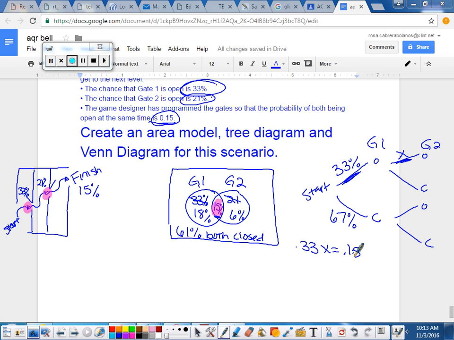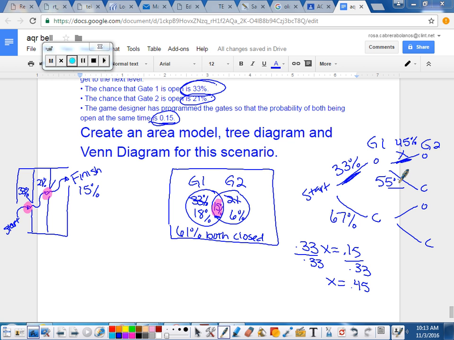How do I get rid of that 0.33? Good, so we're going to divide by 0.33. What's 0.15 divided by 0.33? 0.45. What is 0.45 as a percent? 45%. Good, so this is 45%. So how much am I missing over here to make 100? 55.